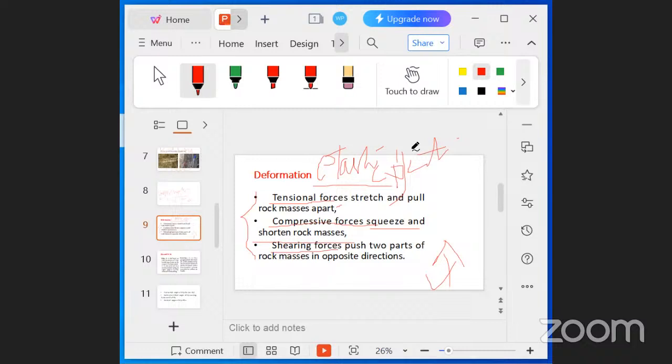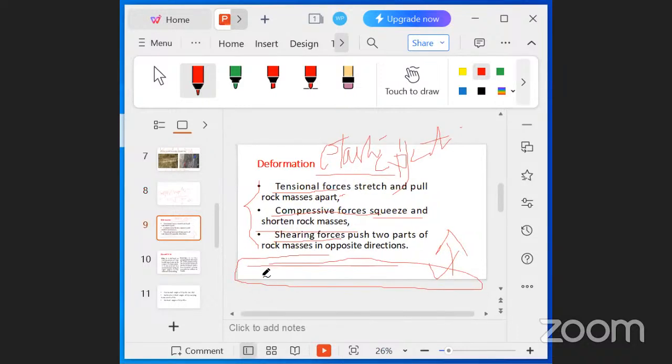This is the plastic limit. When the stress continuously increases, one or more fractures develop, and the body eventually fails by rupture.